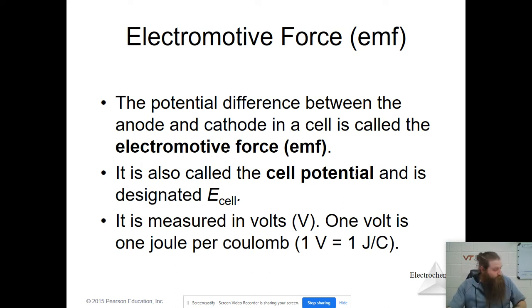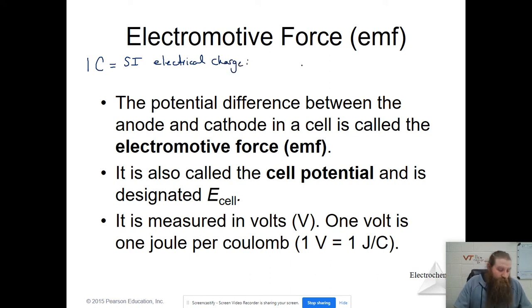The coulomb is, let me check my notes here because I wrote it down because I wanted you to have it because it's not in your book. Here we go. A coulomb, so 1 C, is the SI unit of electrical charge, okay?